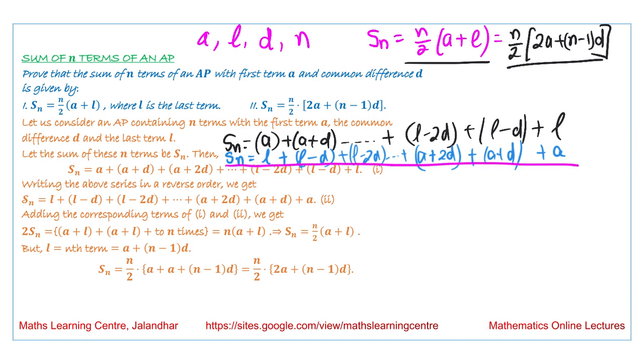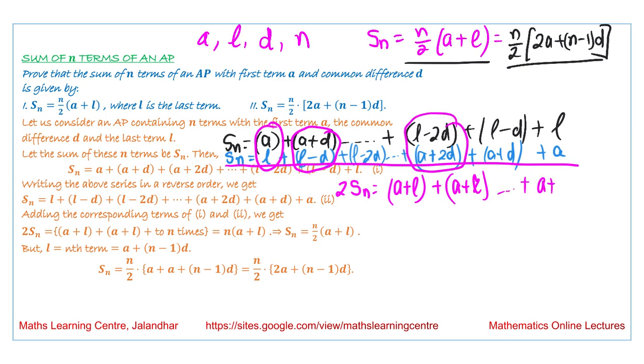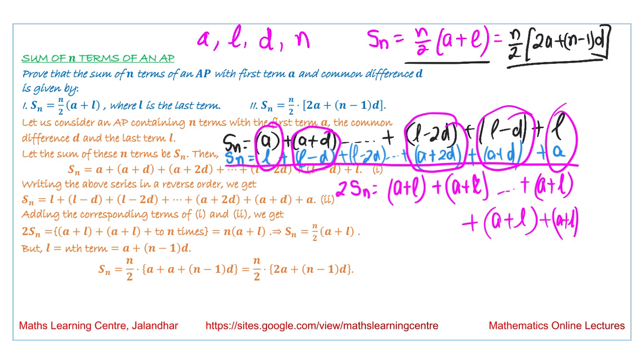we obtain 2 times Sn is equal to, the first terms when added give A plus L. Next, when these two terms are added, we again get A plus L, and so on up to A plus L. Each pair gives A plus L, so this term is being added n times.